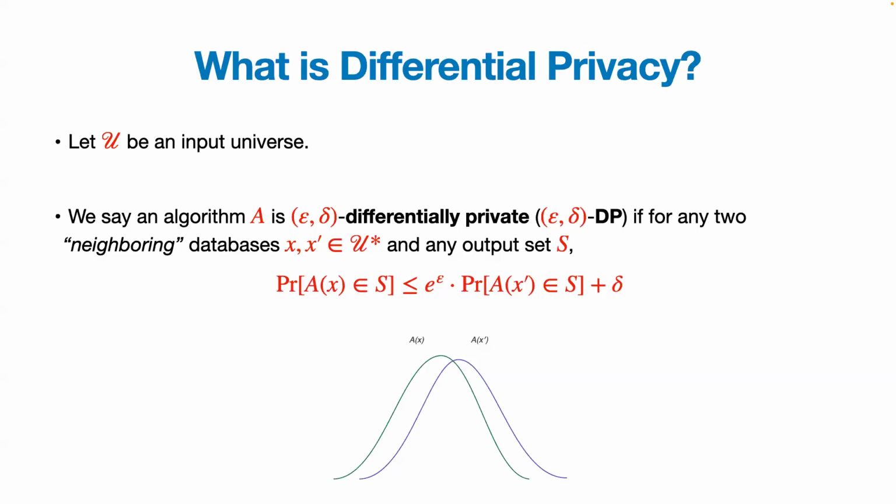More formally, we say that the algorithm is epsilon delta DP if for any two neighboring databases x and x prime, which we will define based on the context, and any possible output set S, the probability of the output of the first one being in the set S is at most e to the epsilon times the same probability for the second input, plus some extra probability delta.